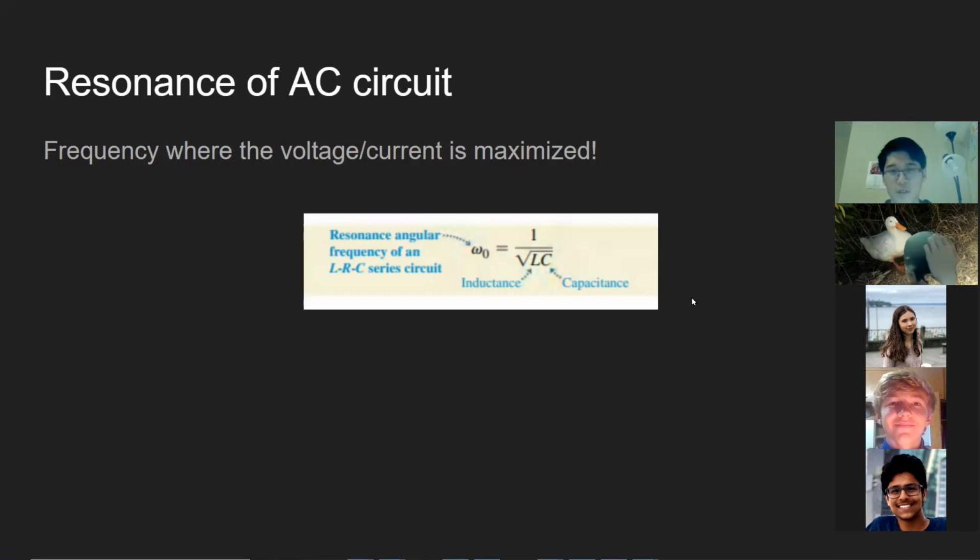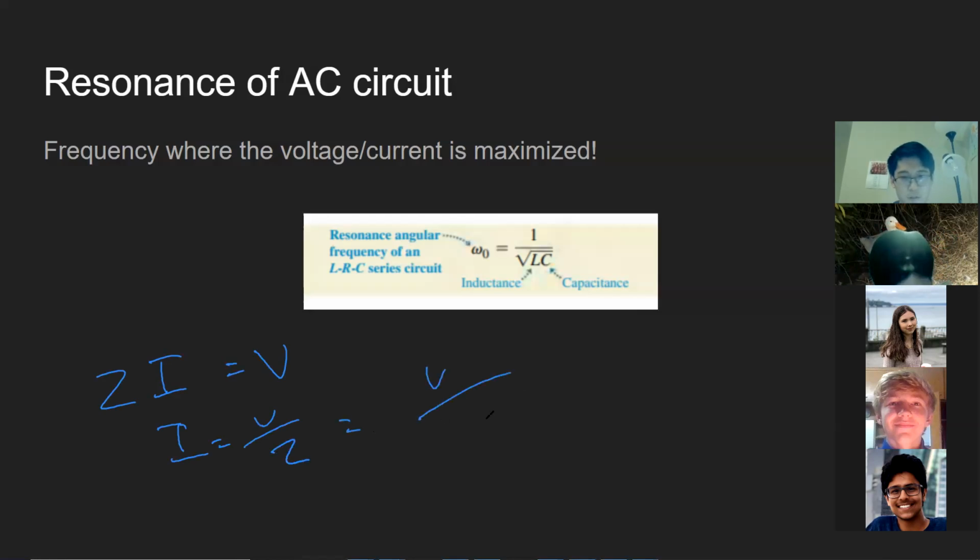And the reason, if you're curious, why resonance happens when the reactances are equal: the definition of current is I = V/Z, which is V over the square root of R² + (XL − XC)².